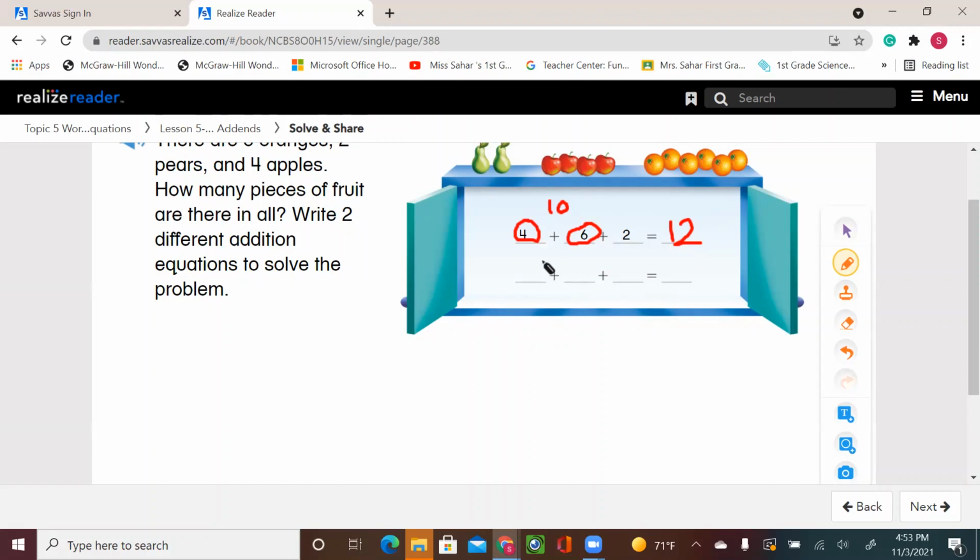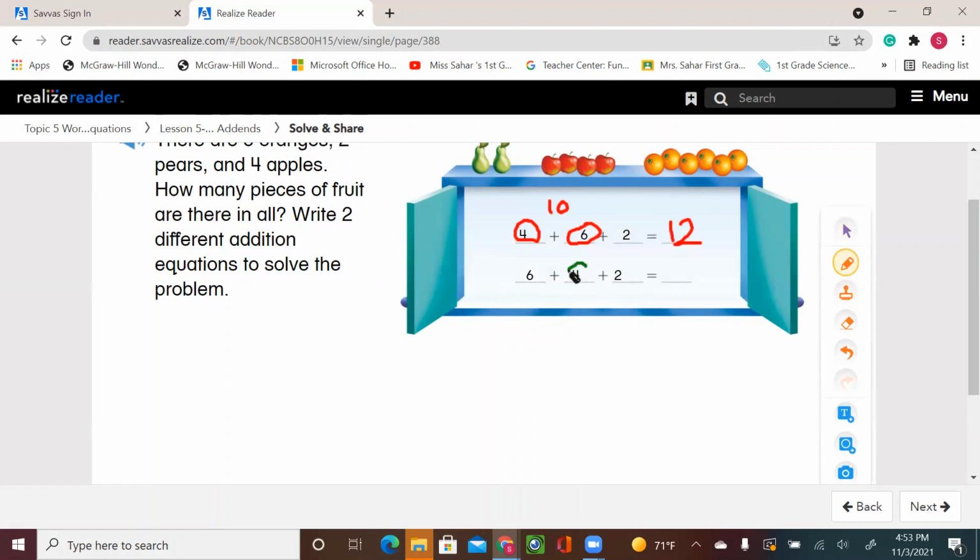All right. I also can add them using the double. So let's write the numbers again. 6 plus 4 plus 2. So 6 plus 4 plus 2, right?